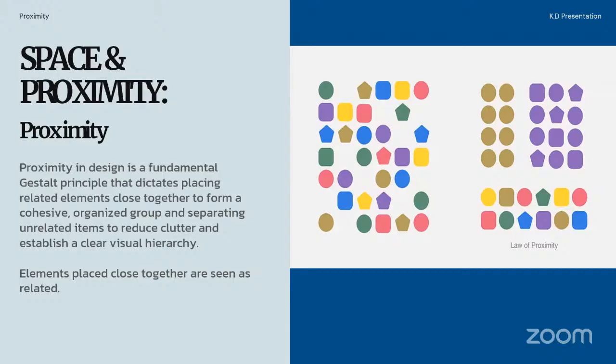Proximity in design is a fundamental Gestalt principle that dictates placing related elements close to each other to form cohesive, organized groups and separating unrelated items to reduce clutter and establish a visual hierarchy. Elements placed together are usually seen as related.